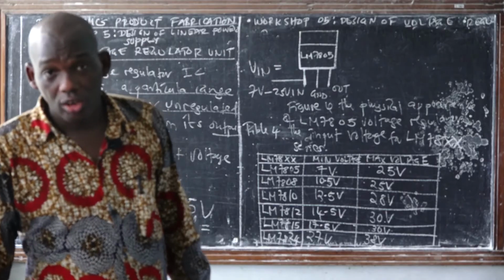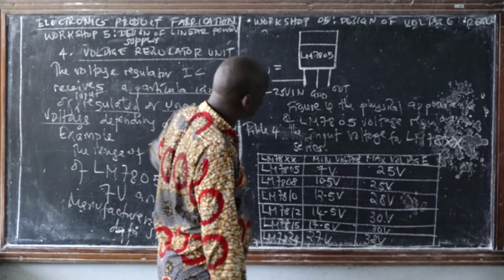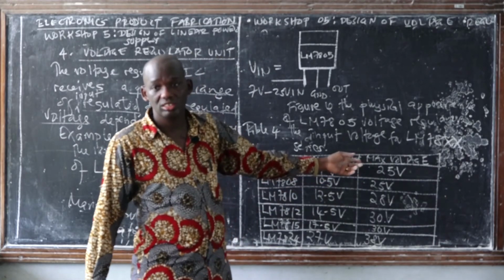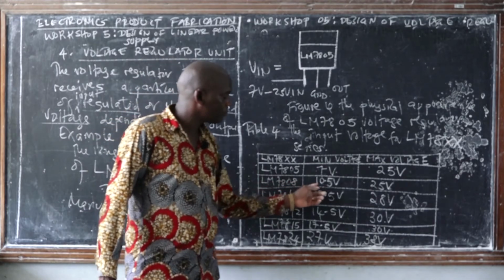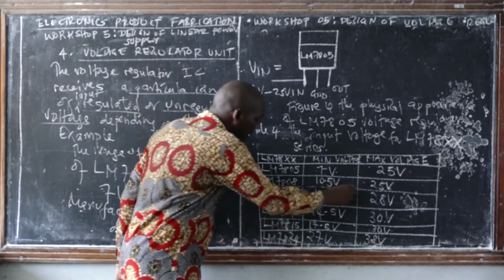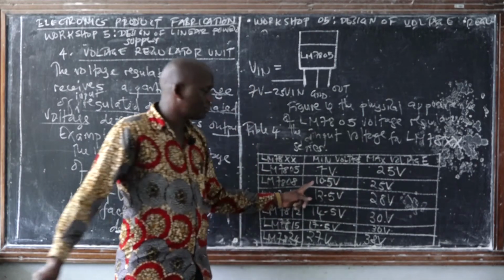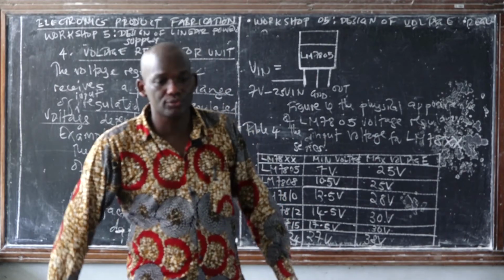So for instance, we have 16 volt, 15.2, so it's fine, it's within the range. And then we have LM 7808, 10.5 volt. This is the minimum. So when you feed, let's say, 9 volts into LM 7808, it won't give you 8 volt.